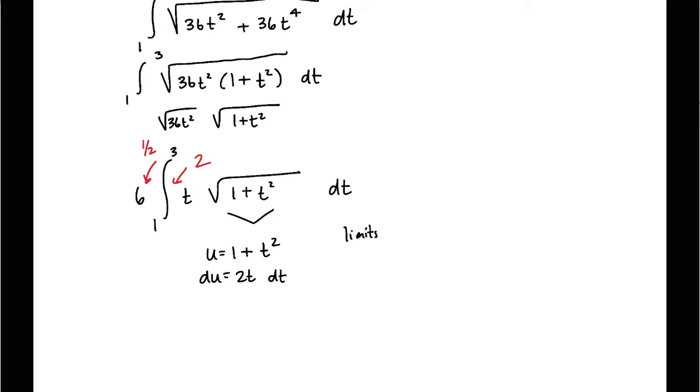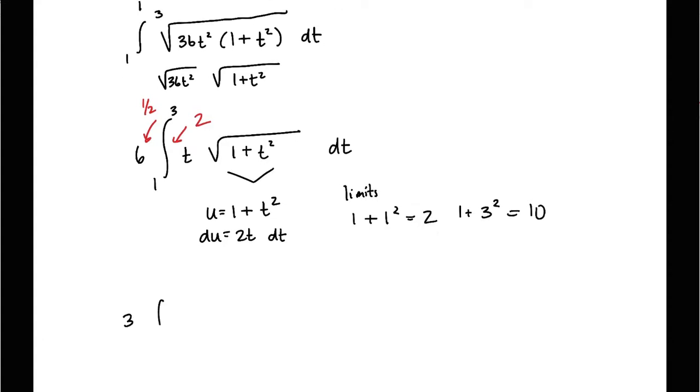So my limits for integration are going to become 1 plus 1 squared is 2, and 1 plus 3 squared is going to be 10. So I have 3 integrating from 2 to 10, u to the 1/2 du.